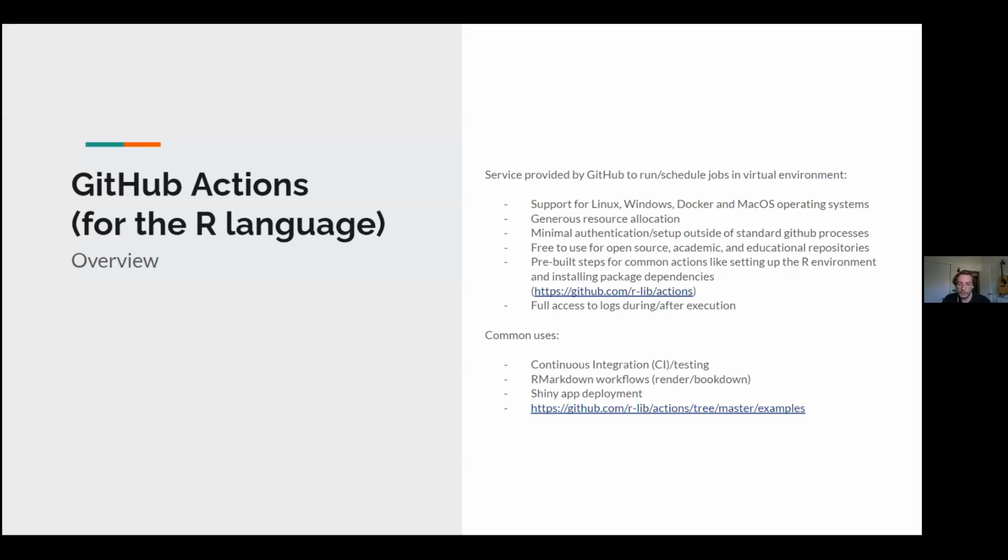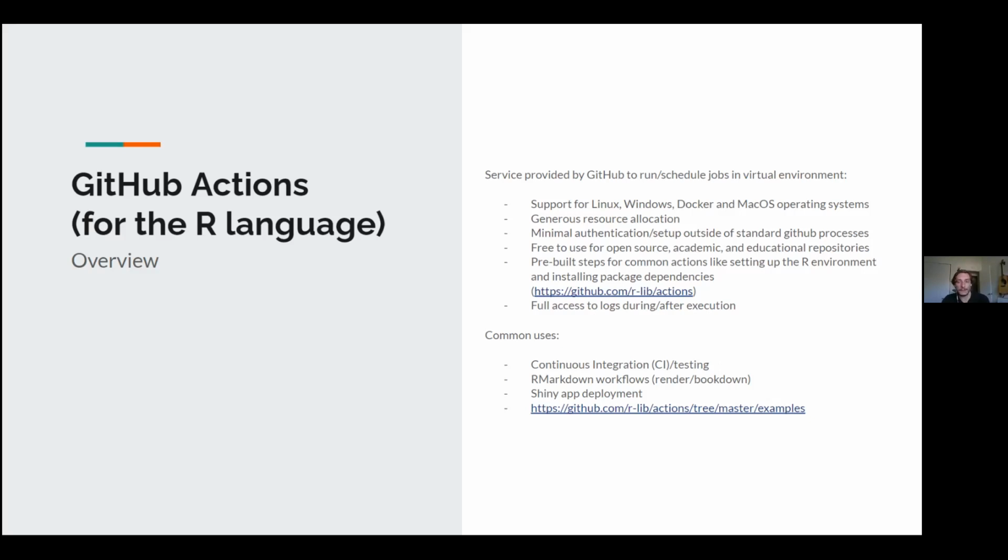It has pretty generous resource allocation compared to similar services. I think it allows you to run 20 concurrent jobs that take up to like 6 hours each. There's really minimal setup outside of the usual provisioning of a GitHub repo and GitHub account, which probably most of us are familiar with.